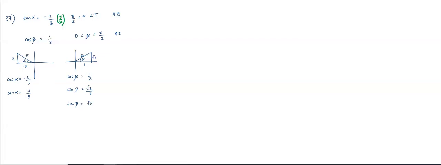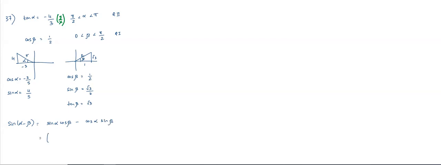So now based on all of this, we can do whatever we want, but what I'm going to choose to do is the last two, sine A minus B and tan A minus B. If I want to do sine A minus B, I will use the formula sine A cosine B minus cosine A sine B. I have all of the values.